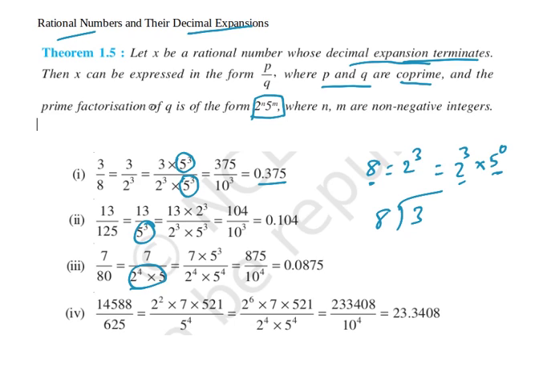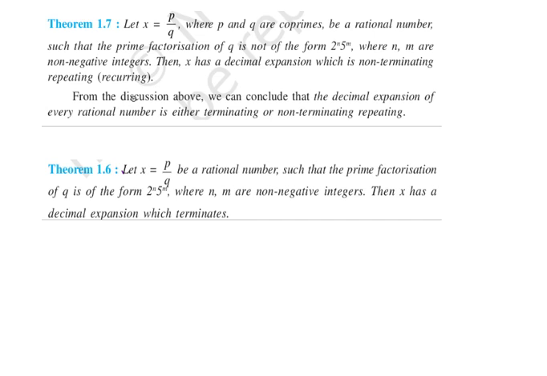Next, the decimal expansion of x equal to p by q, where p and q are coprime numbers: if q is not of the form 2 to the power n, 5 to the power m, it is not in this form.